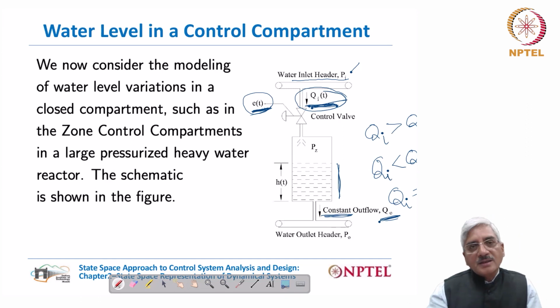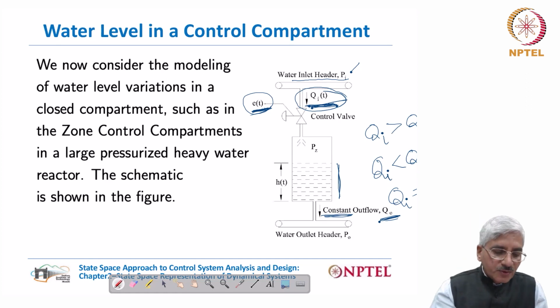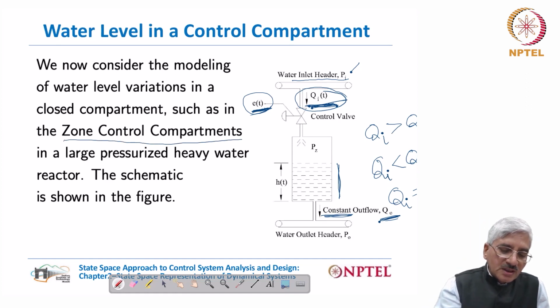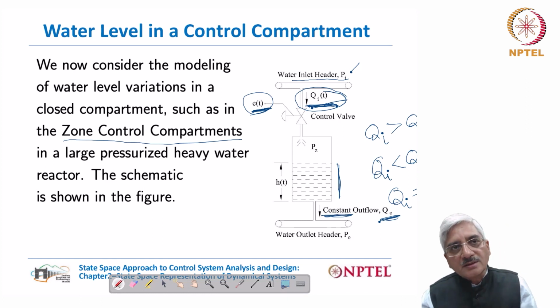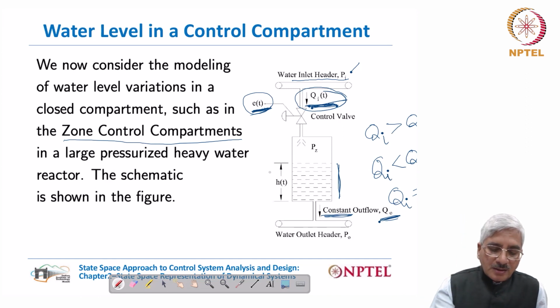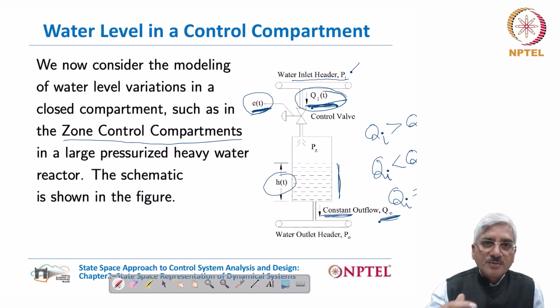And when reactor power has to be maintained constant, this liquid level has to remain constant. And if the power around this zone control compartment, or the zone in which this compartment is situated, is to be changed, the power can be changed by changing this liquid level. And once the required power has been achieved, then the liquid level can be brought to the equilibrium.